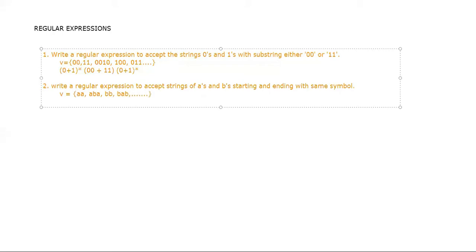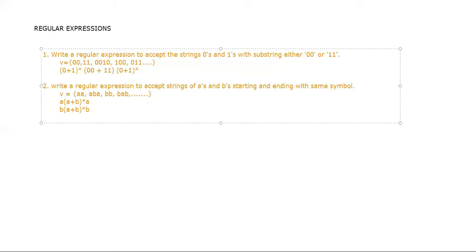If a string starts with A, it should end with A. If a string starts with B, it should end with B. So let's write separately. It is A followed by A or B whole star, followed by A. This is if the string starts with A. If the string starts with B, it is B followed by A or B whole star, followed by B. I think this is clear.